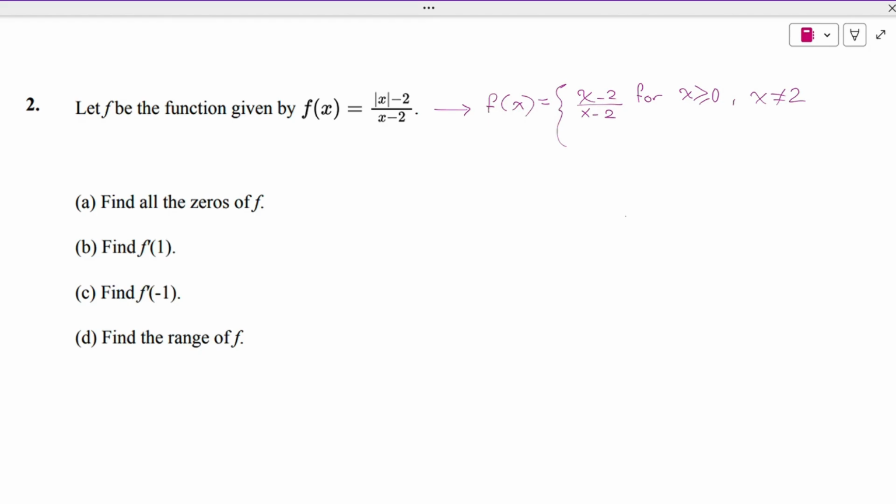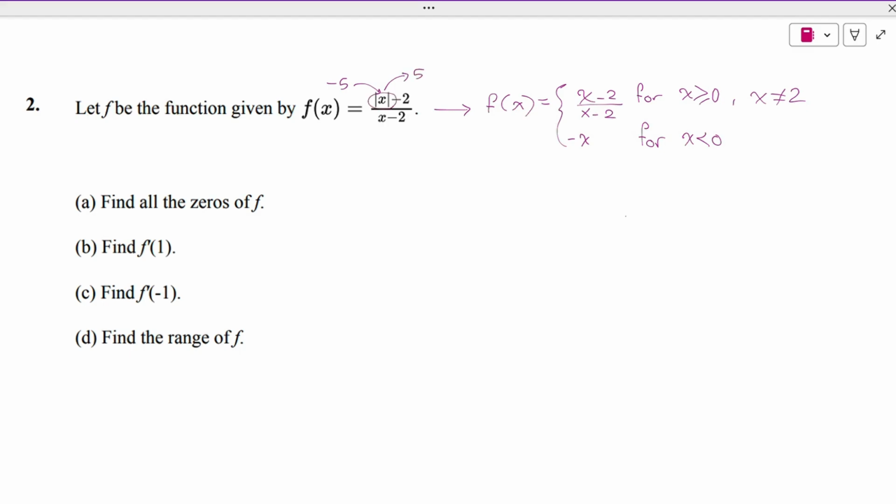Now, what if x is negative? Yani if x is less than 0, with the absolute value of x, we can replace it with minus x, because the absolute value of x and minus x are the same for x less than 0. Yani if x is equal to negative 5, you will put the negative 5 here, the output will be 5.